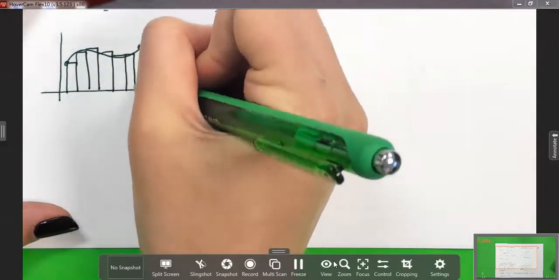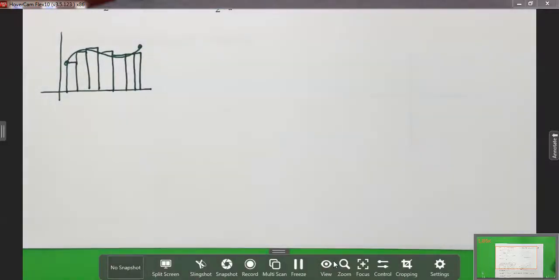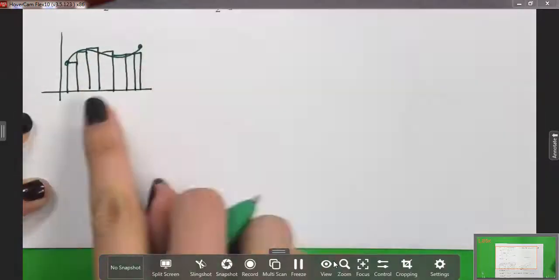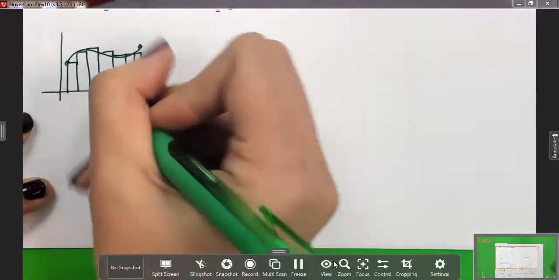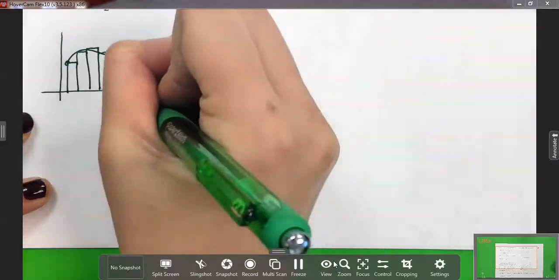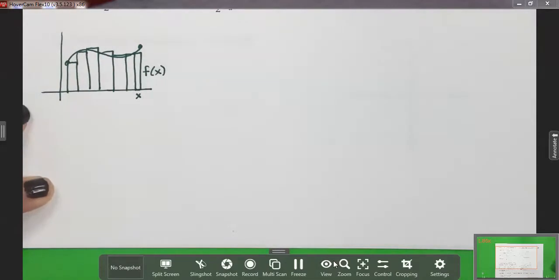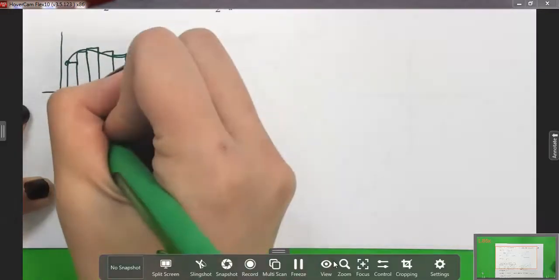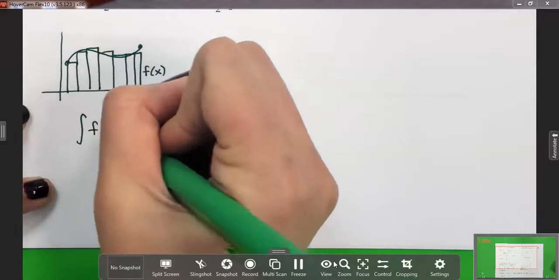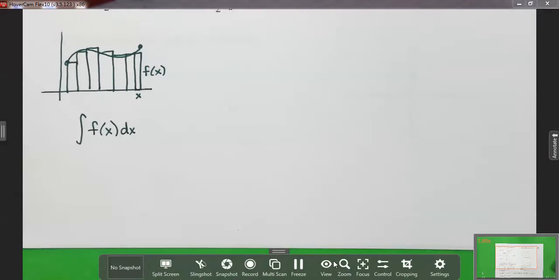We wanted to find the area under the curve, so we took f of x and multiplied it by this x width, f of x times delta x. If we made delta x infinitely small and added up all the rectangles, we would have the integral of f of x dx, where dx, our delta x, is what we make super tiny, and then we add them all up.